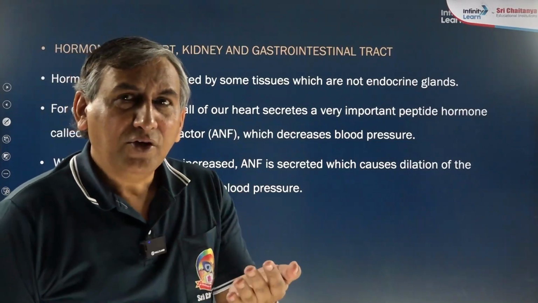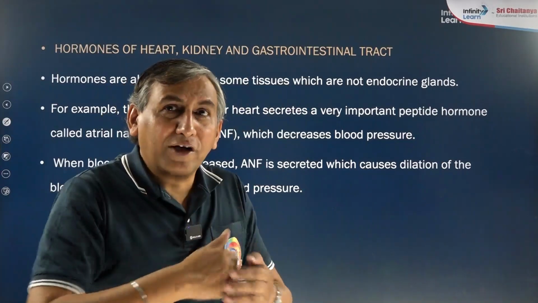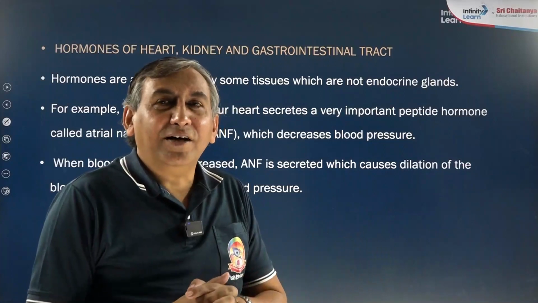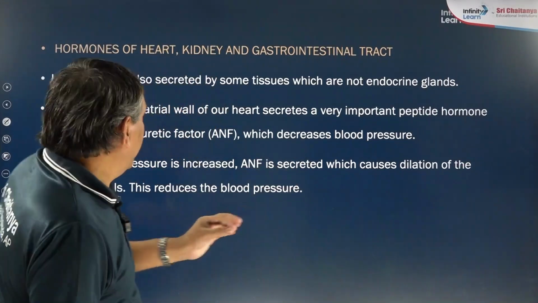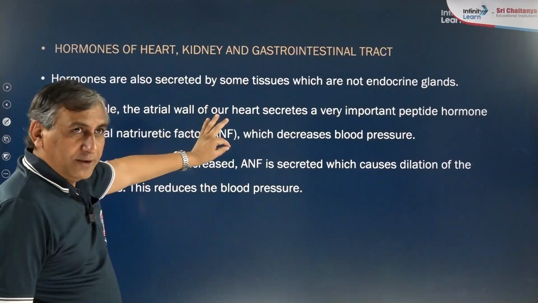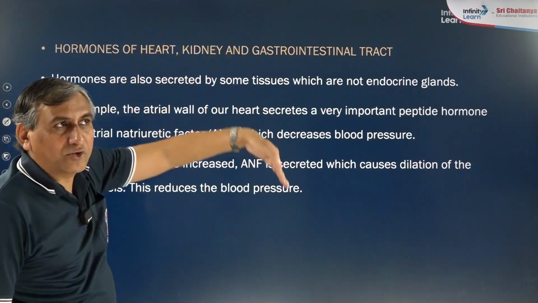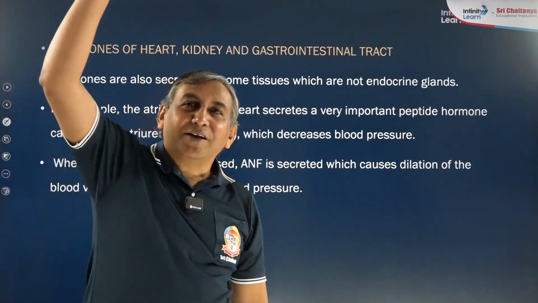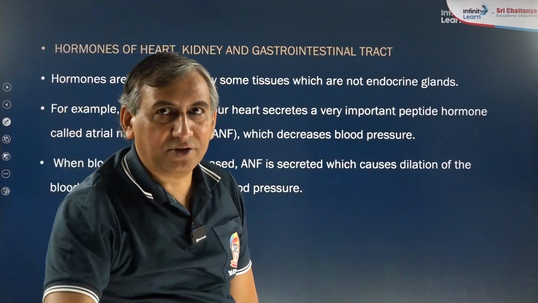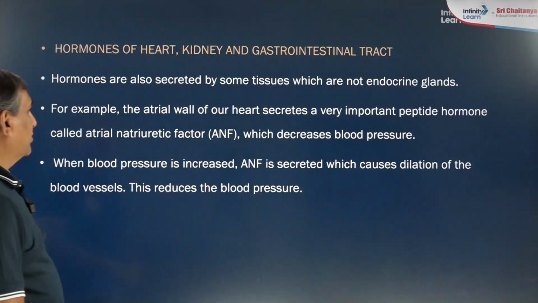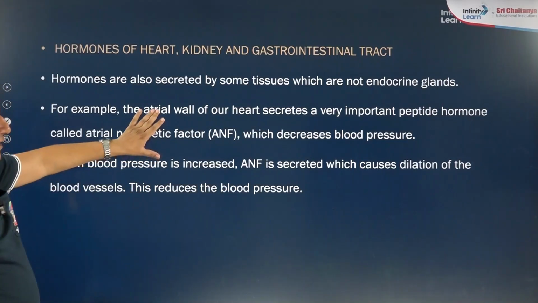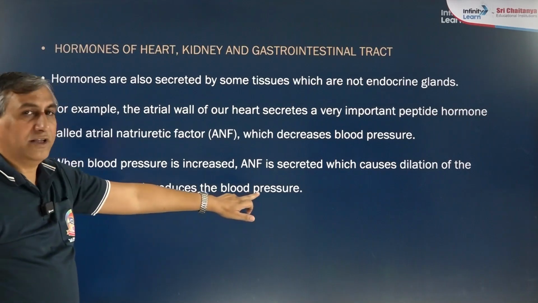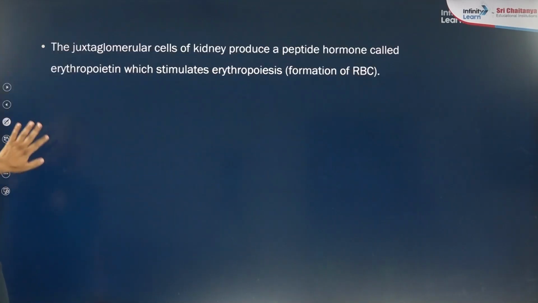Salt means sodium, and sodium increases the absorption of water. The blood pressure is already high, and further reabsorption of water will cause damage. By removing sodium with urine, ANF decreases the reabsorption of water. When there is less reabsorption of water, the blood pressure will decrease. Are you getting the mechanism? So this is ANF, atrial natriuretic factor, and it is reducing the blood pressure.